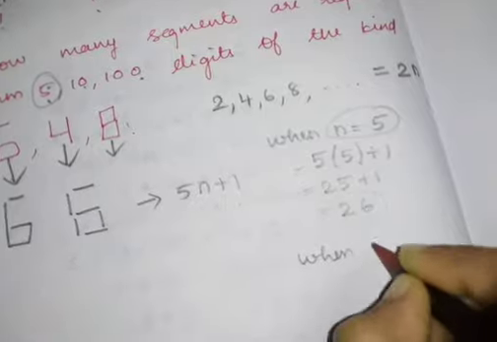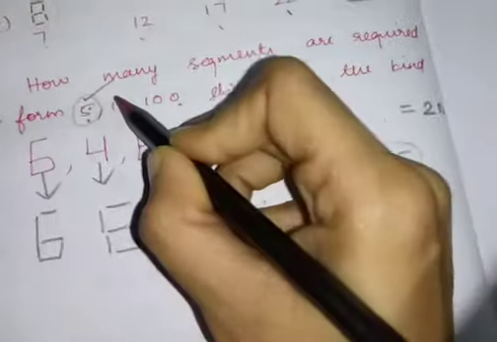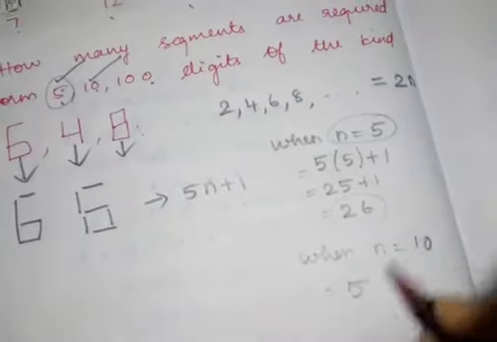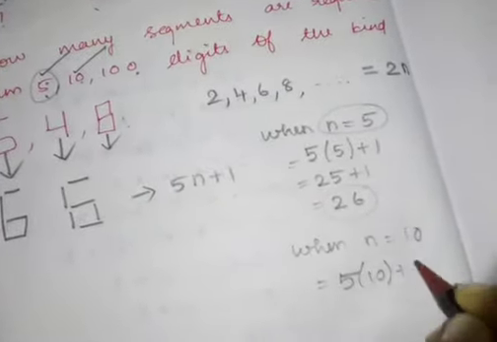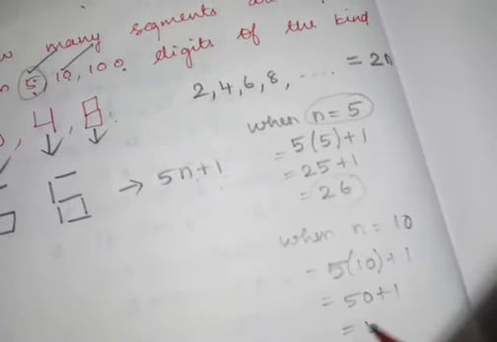Then when n is equal to 10, because first you should find when n is equal to 5, then for 10 I am going to do it. When n is equal to 10, 5 into 10 plus 1. 5 tens are 50. 50 plus 1, 51.